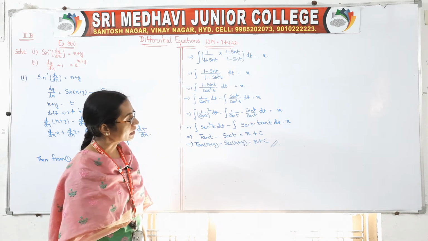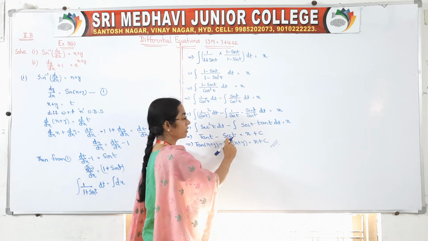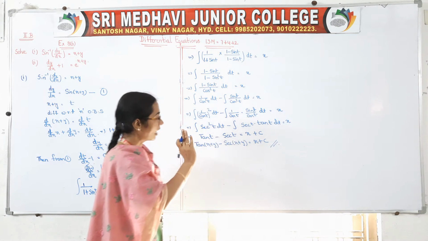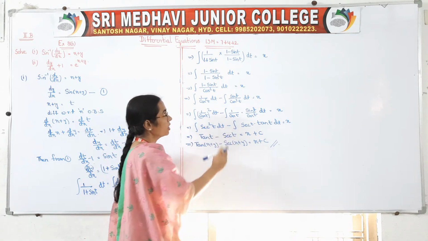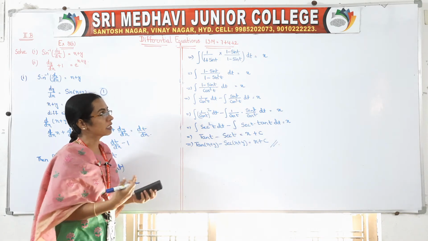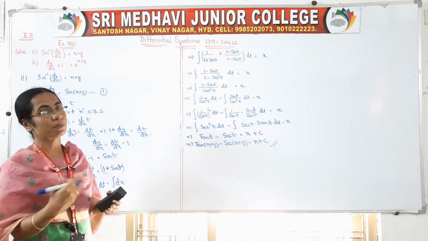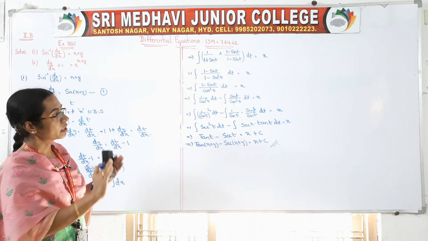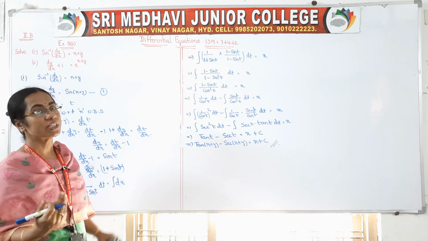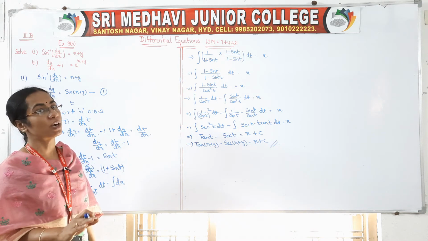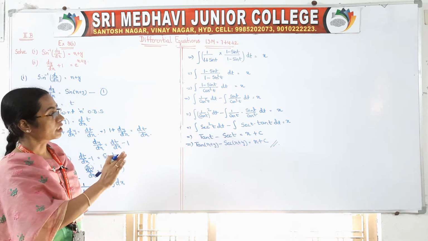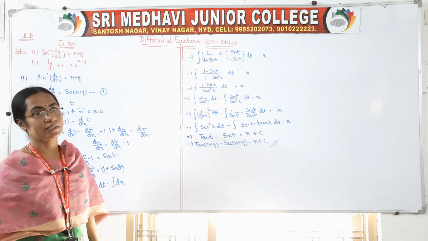So integral secant t tan t formula is secant t. These two are standard forms. After doing all these things, reducing and simplifying, multiplying and dividing, slowly we get the problem into our standard integral formulae form at the end. Then apply, and you will get your answer.